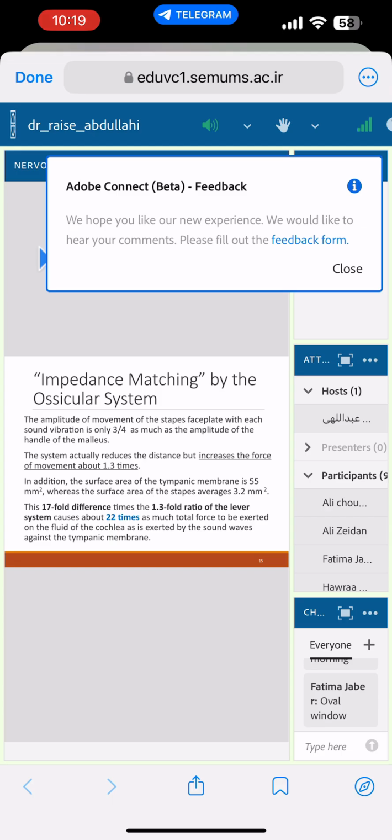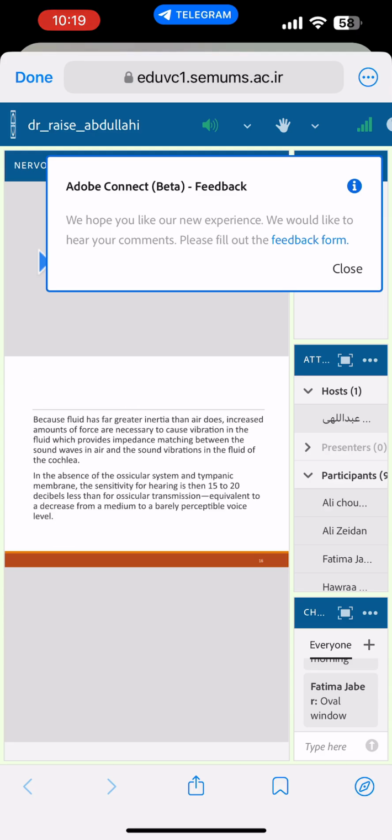This 17-fold difference times the 1.3-fold ratio of the lever system causes about 22 times as much total force to be exerted on the fluid of the cochlea as is exerted by the sound waves against the tympanic membrane. So these systems together increase the strength about 22 times. This is the main function of the system.